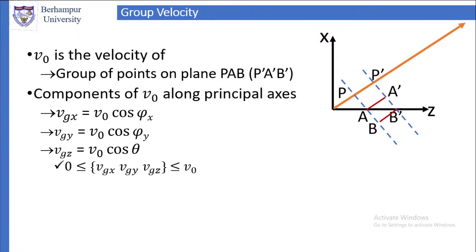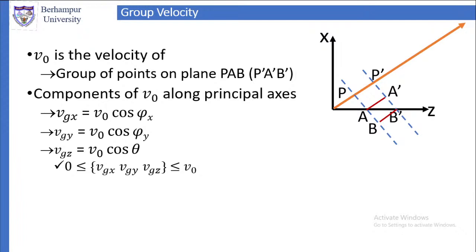If the cosine function is maximum, that is 1, then these components will be equal to V0. Therefore, the components will vary between 0 and V0. So 0 will be less than or equal to the components Vgx, Vgy or Vgz, and that will be less than or equal to V0. So this is the limit on the group velocity.